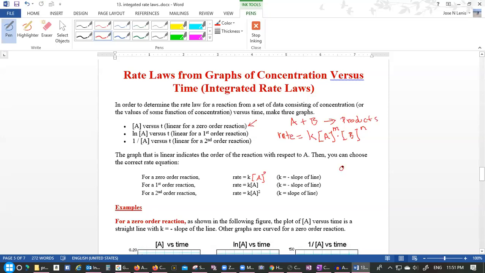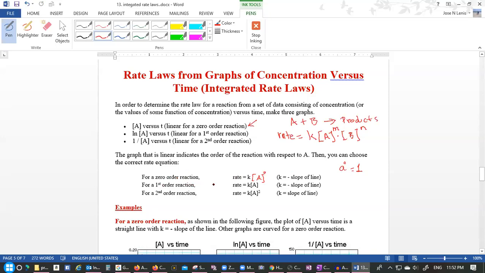But any number to the power 0 is 1. So K times 1 equals K. So this is the shape of the rate law for a zero order reaction.